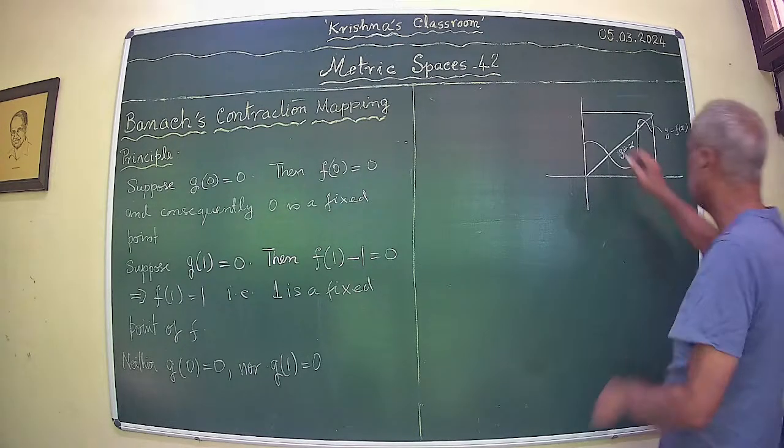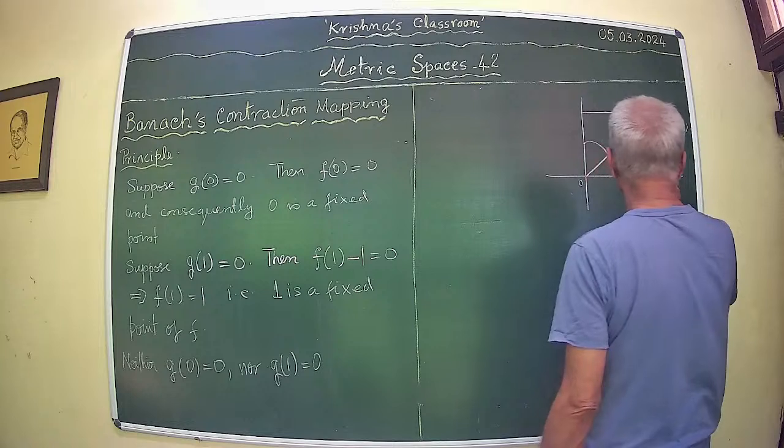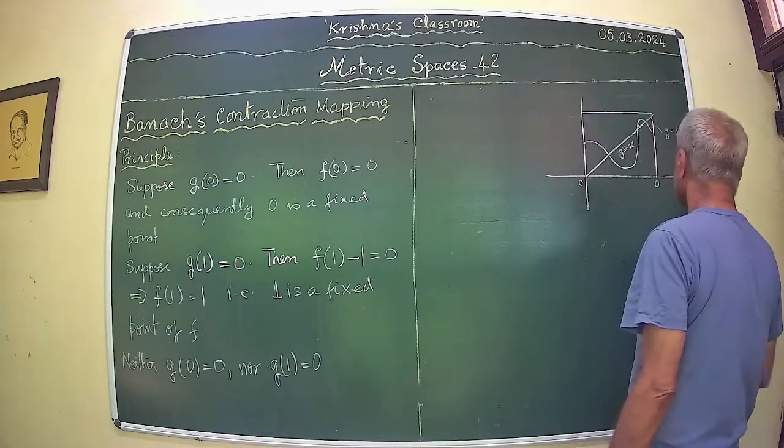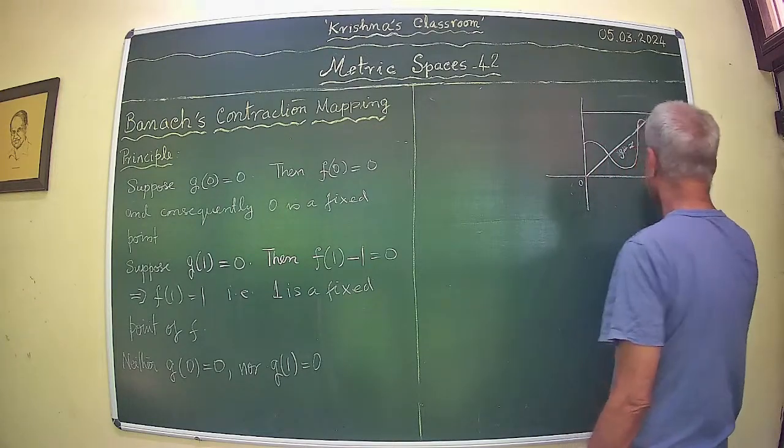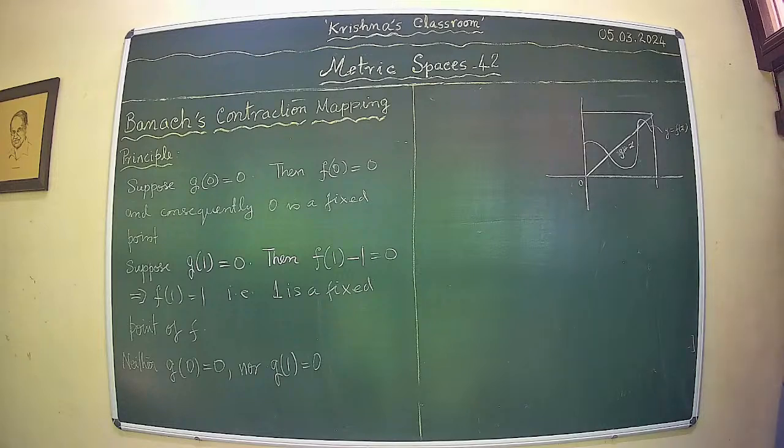Now you see that G0 is not equal to 0, and G1 is also not equal to 0. What is the consequence of that?